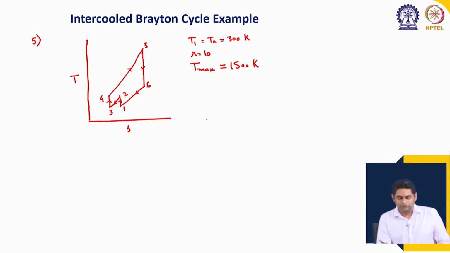In almost all cases we will assume air to be the working fluid, because in real life applications also this is air for part of the cycle, and then we have combustion products, but those are also diluted and contain a significant amount of air. So, T max is equal to 1500 Kelvin, and with this we want to find out the efficiency as usual and the net specific work output of the cycle.